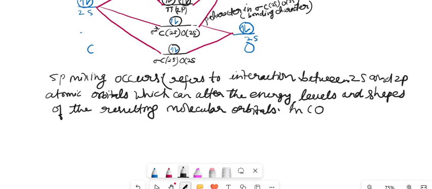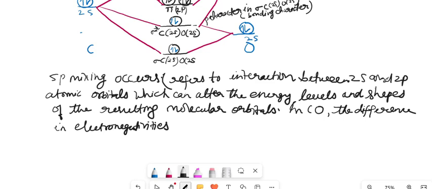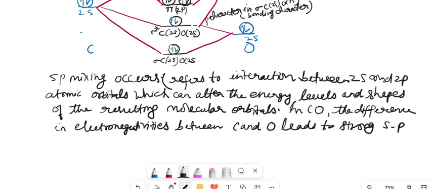In carbon monoxide, CO, the difference in the electronegativities of carbon and oxygen leads to strong sp mixing.